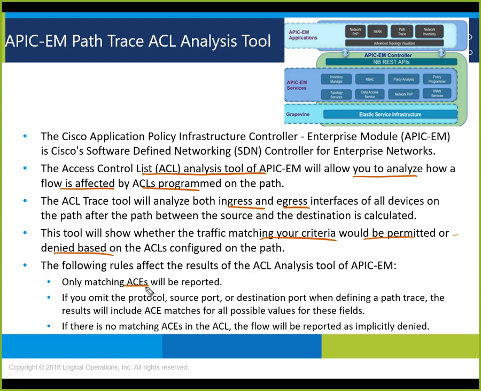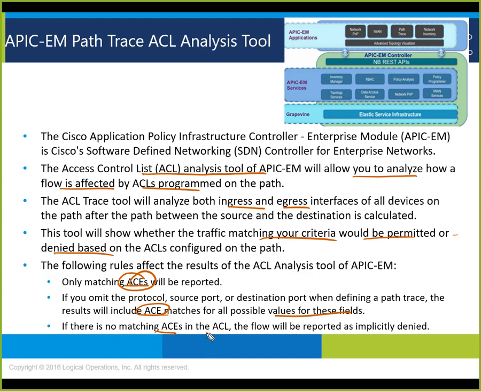Only matching access control entries will be reported. Access control entries are the elements of the access control list, the permits and denies. If you omit the protocol, source port or destination port, the result will include the entry matches for all possible values of the field. So if you want to check everything, don't put a port in there.